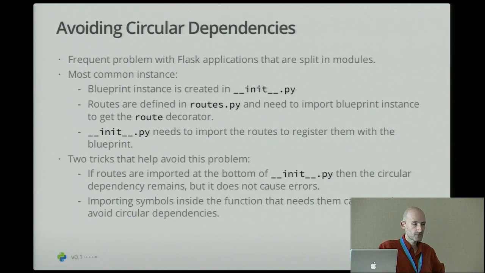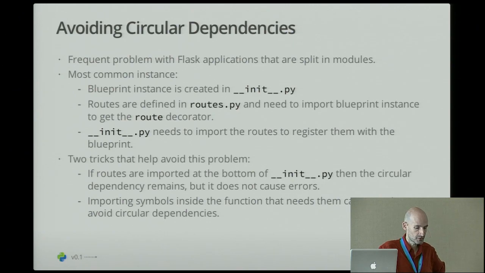As I mentioned before, I have imports at the bottom, which to many sounds weird. One problem when you split Flask applications in multiple modules and packages is that sooner or later you're going to run into circular dependencies. Putting the import of the routes at the bottom is one way to avoid them.